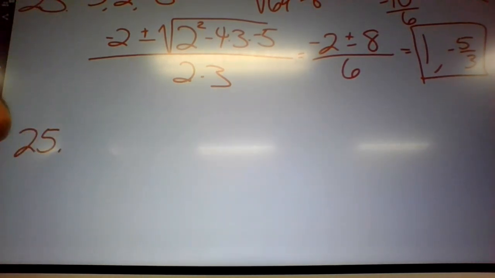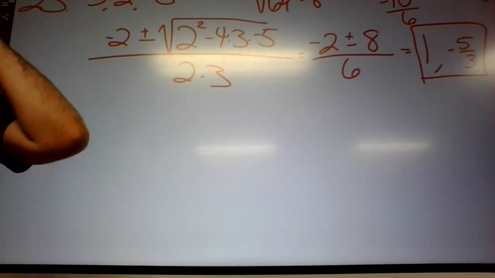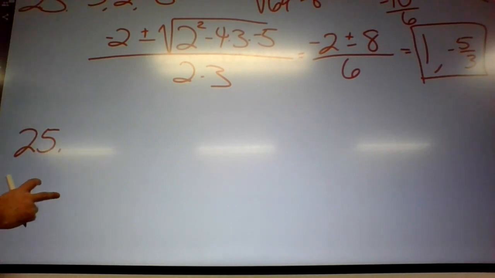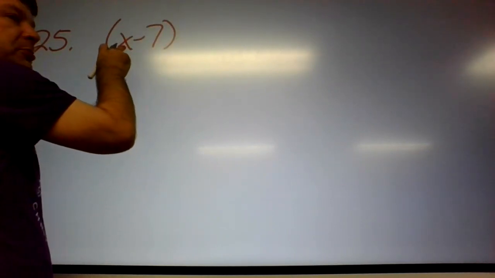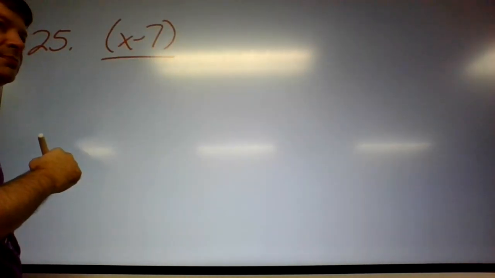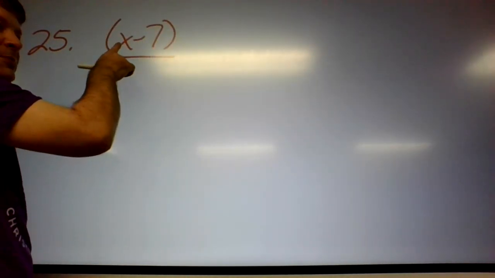In 25, they already factored for us. So, Brianna, do you know what the answers would be on 25? It's kind of like number 1, basically. So, what x values would make those factors equal 0? What could you put right there that would make this equal 0?